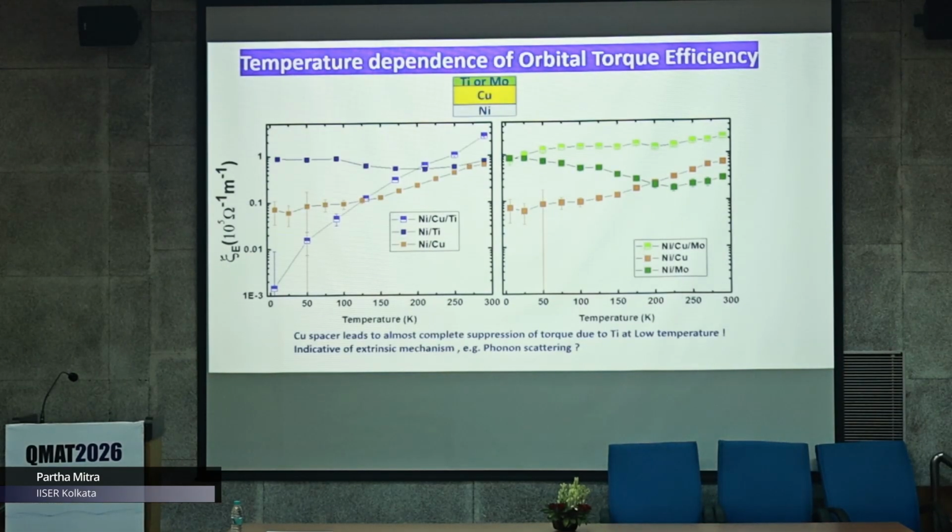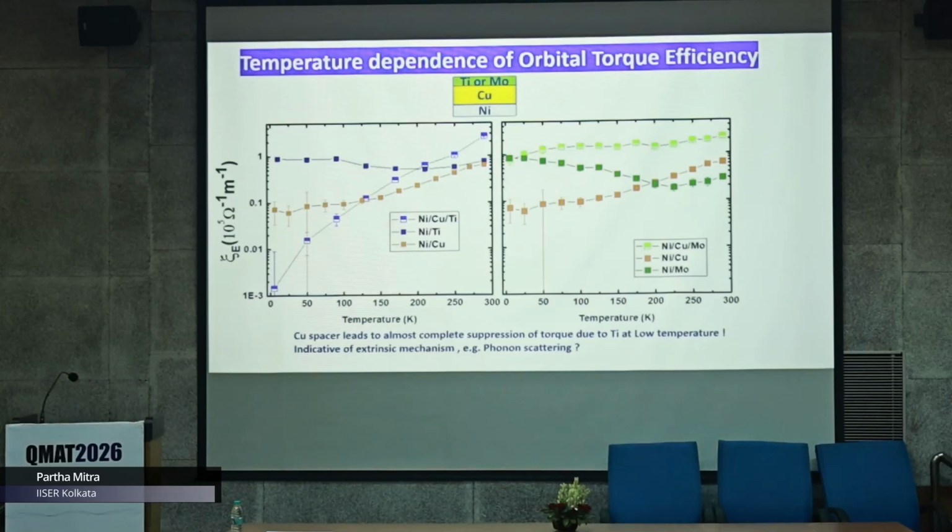Now if you compare this with the spacer layer, the one that showed enhancement, here I have plotted all three together. As you can see, the copper here tends to decrease. And the nickel titanium here is saturated at low temperature. But what happens to the one with the trilayer, with the thickness of around 10 nanometer?